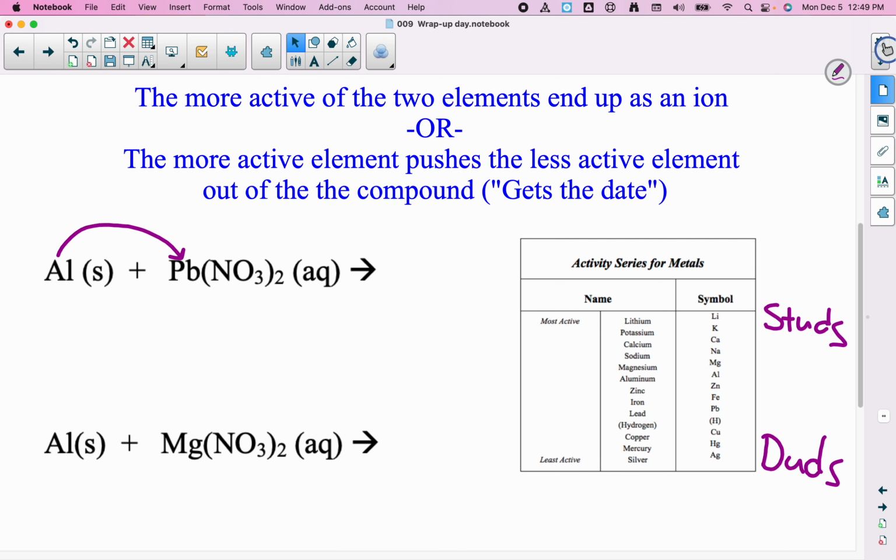And nitrate looks at its situation and says, well gee, I'm currently with lead, but now I have an opportunity to be with aluminum. And aluminum is quite the stud compared with my current date. You know what, aluminum? That seems like a really good idea. Bye-bye, lead. And so lead suddenly finds himself without a date, and the aluminum has weaseled its way into the compound.